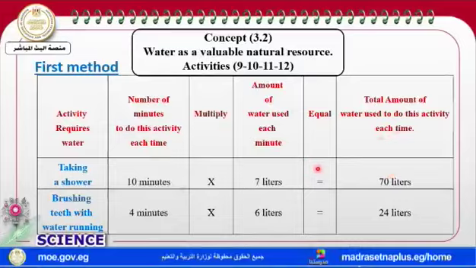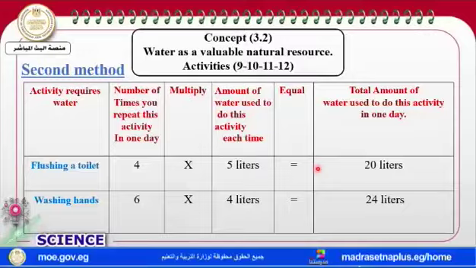Okay. The next method, we can measure the number of times the activity is repeated in one day and multiply it with the amount of water used to do this activity each time. To do this activity each time, I need 5 liters.